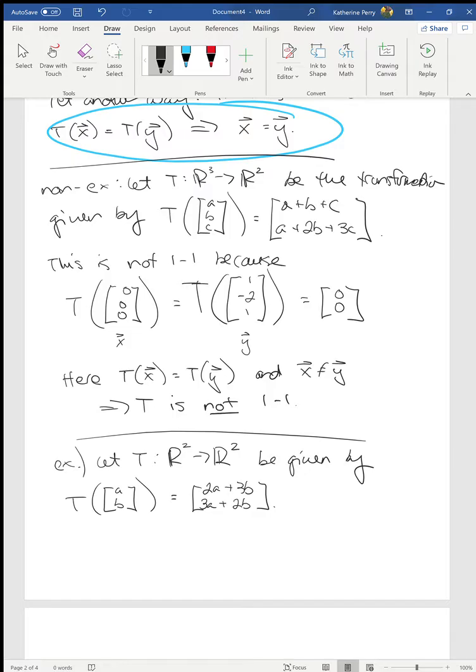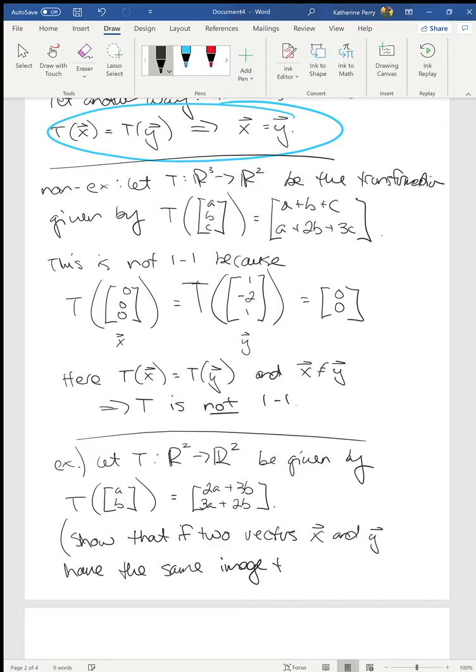But okay, the way to do this is to show that if two arbitrary vectors x and y have the same image, then x must equal y.